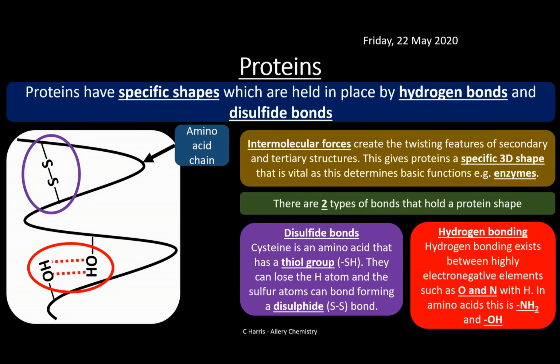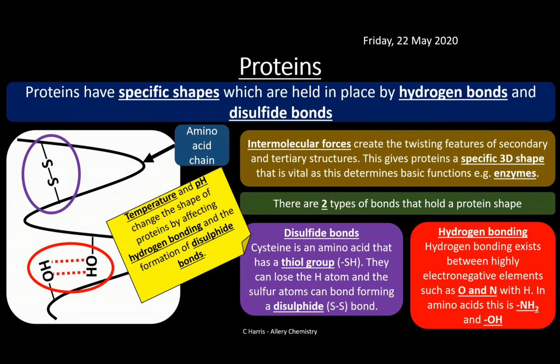So the temperature and pH change the shape of proteins as well, like I say, by affecting the bonding and the formation of disulfide bonds. So you might see it in structures like this, in things like hair, for example. If you're straightening hair, hair forms a very specific shape.